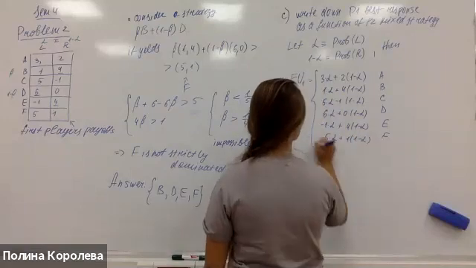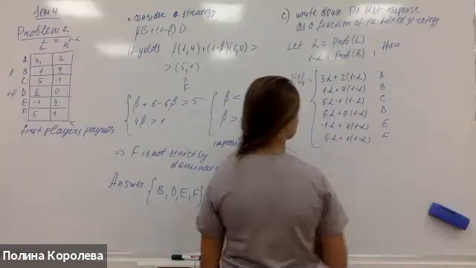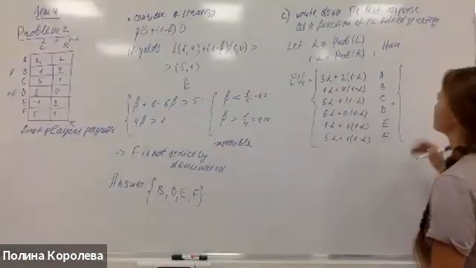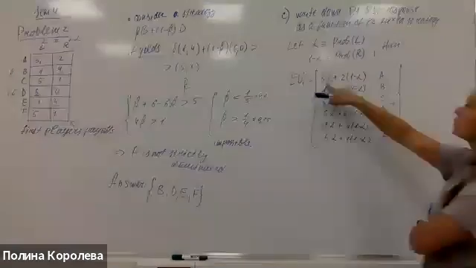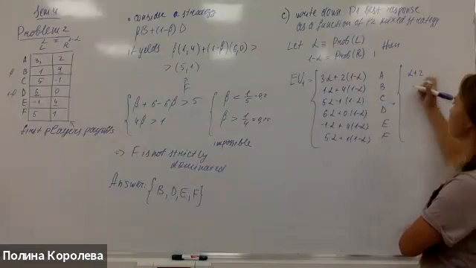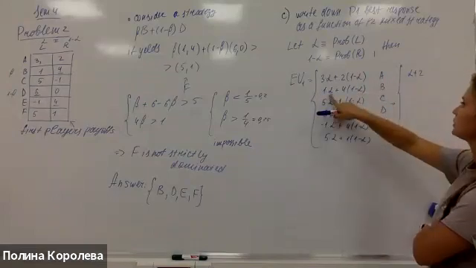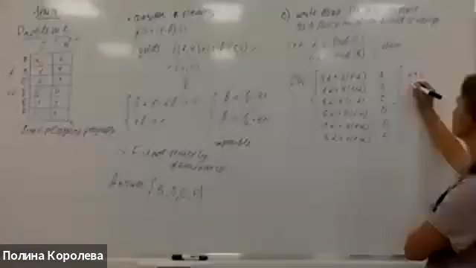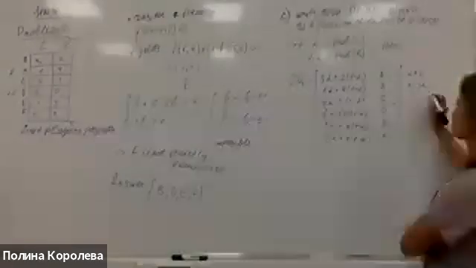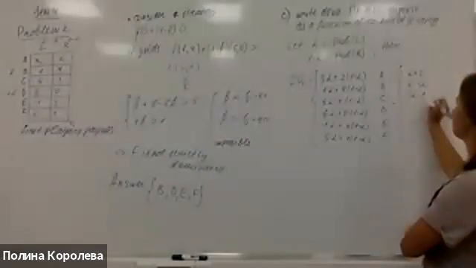So let's rewrite them. Here, 3 minus 2 alpha plus 2. Here, 4 minus 3 alpha. Here, 6 alpha minus 1.